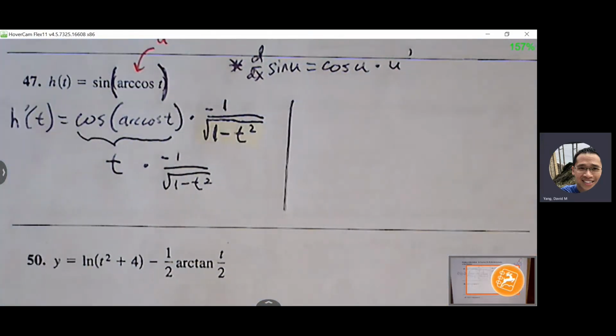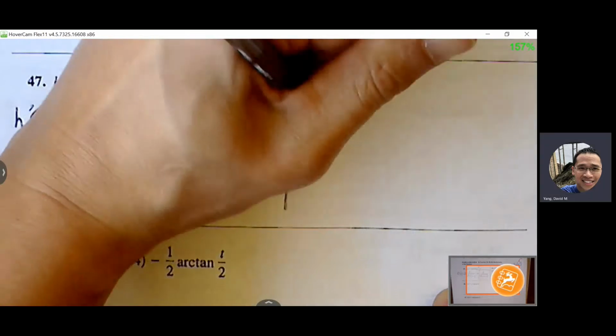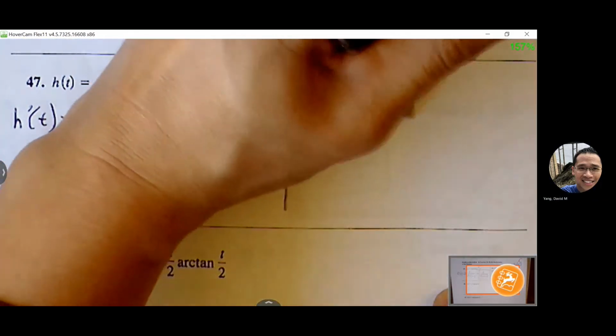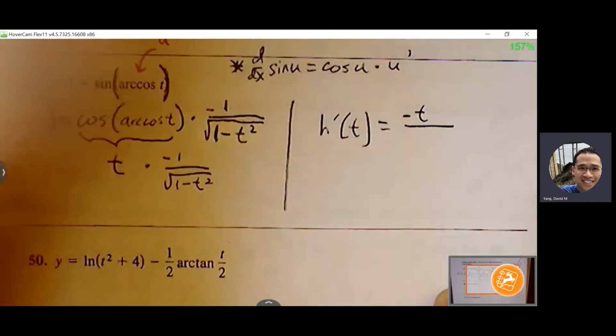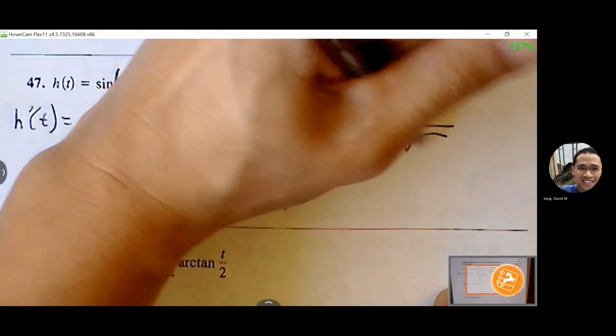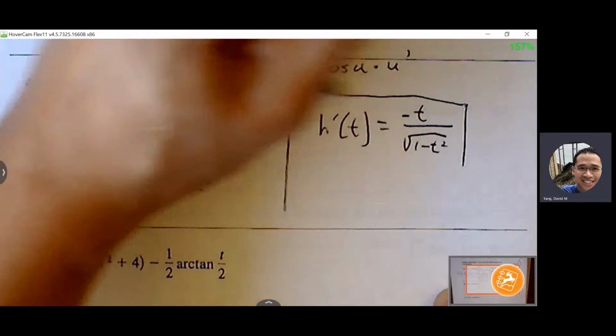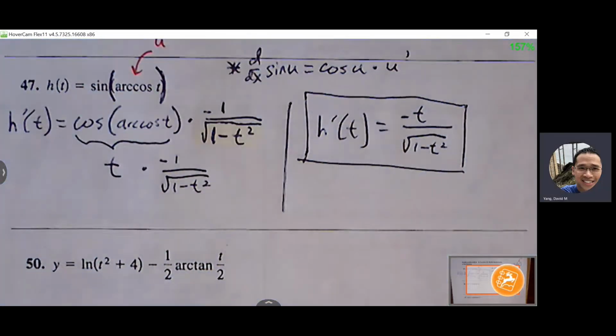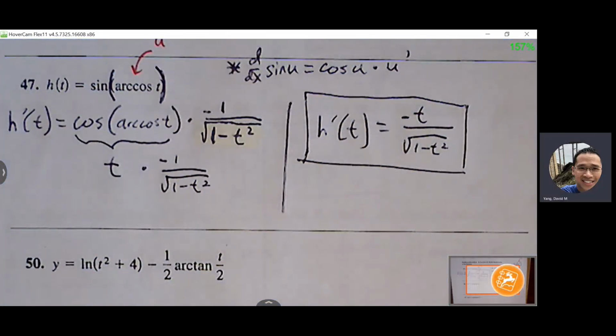Now we can just represent h prime. Put that under one fraction. Okay, questions?